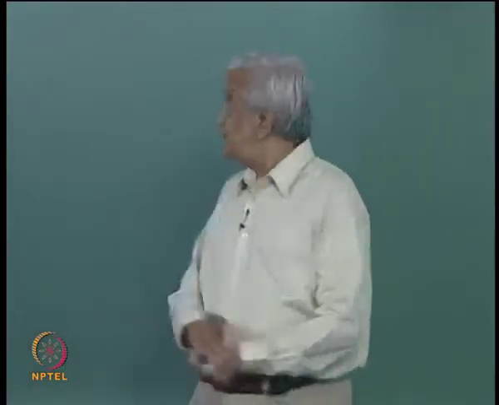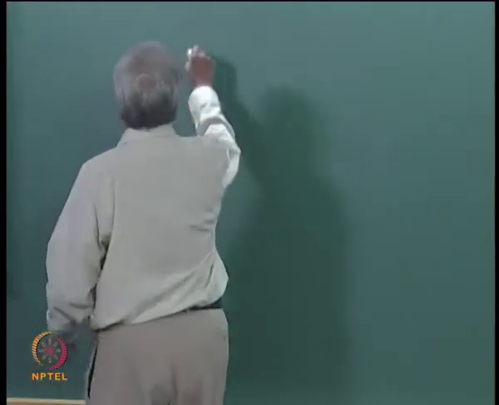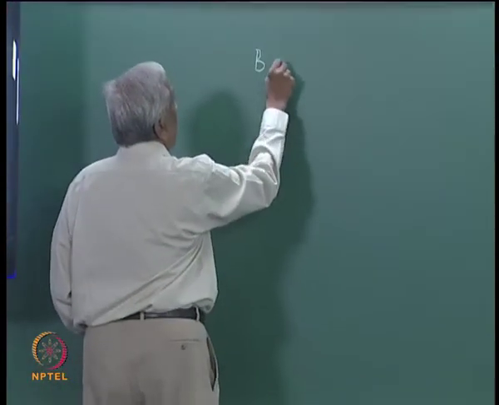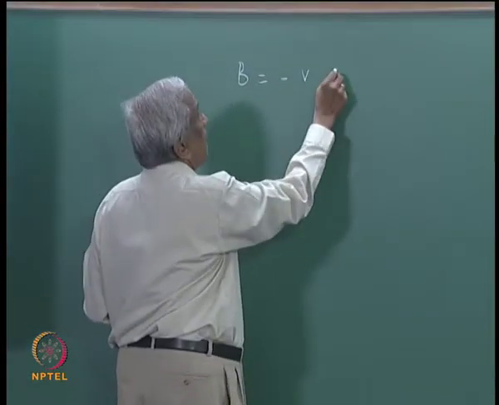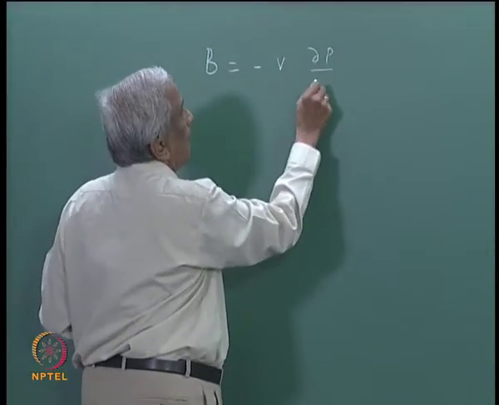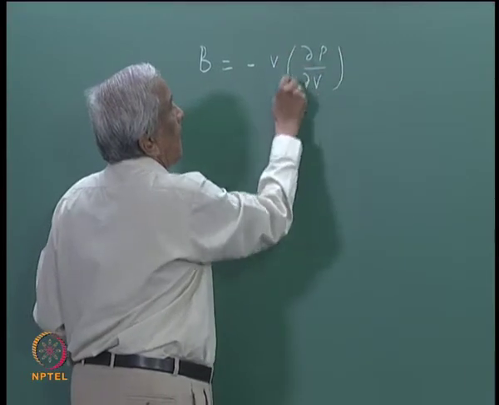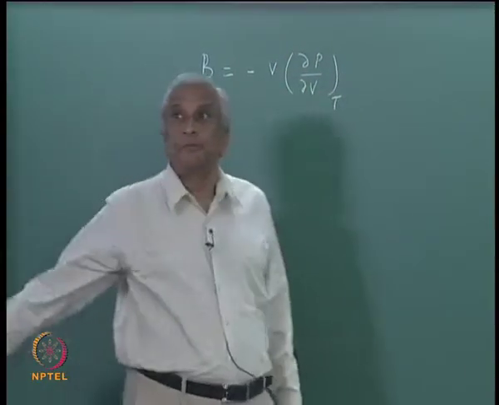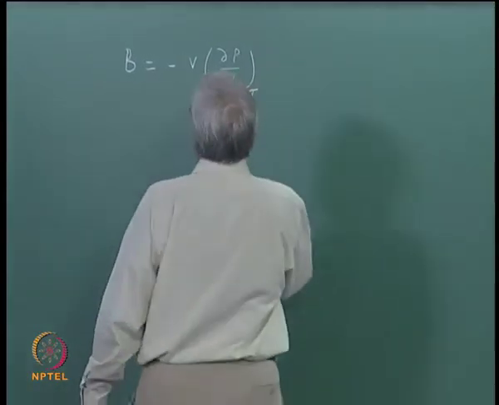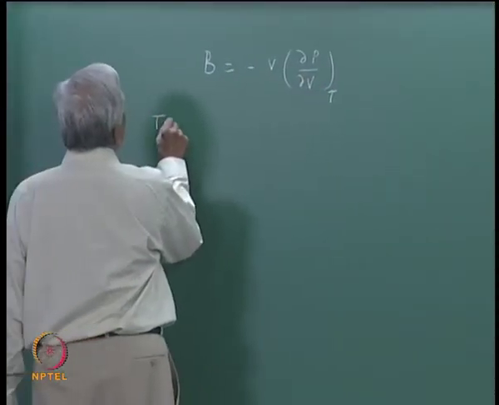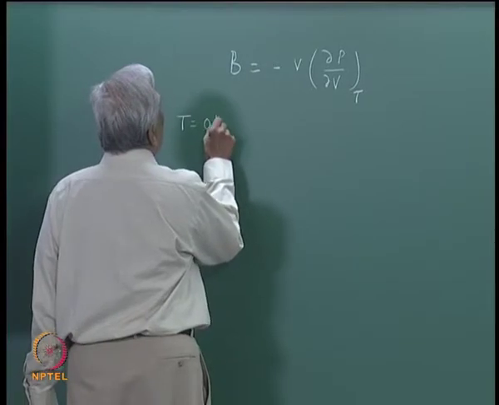So, the isothermal bulk modulus B is minus V dP by dV at constant temperature, where our calculations are all at absolute 0.